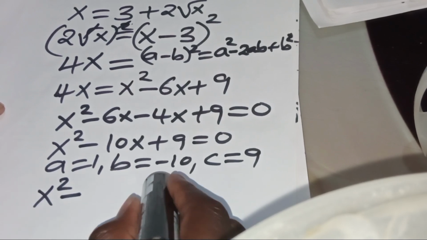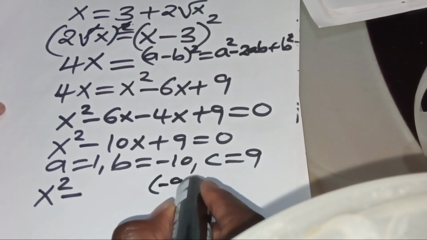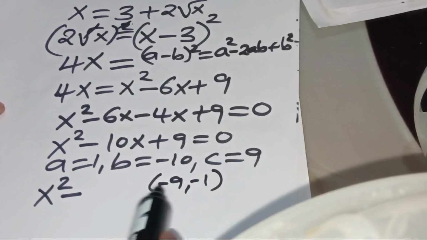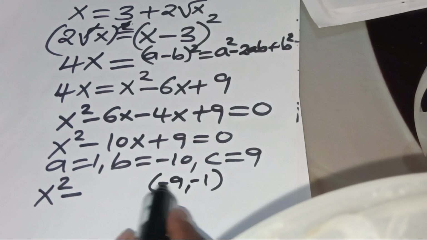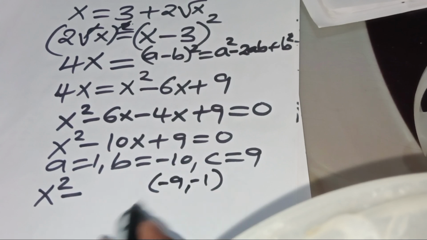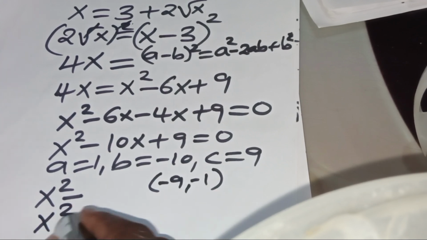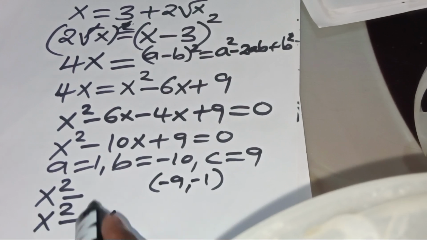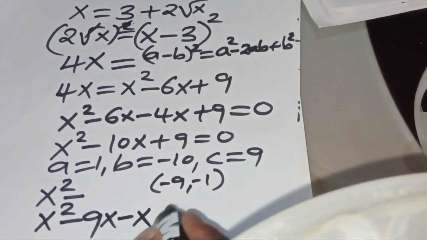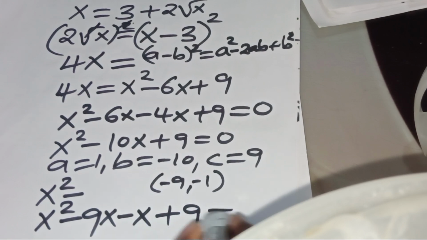Definitely, if you have negative 9 and negative 1, negative 9 times negative 1 is the same thing as 9, and negative 9 plus negative 1 is negative 10. So we have x squared minus 9x minus x plus 9 equal to 0.